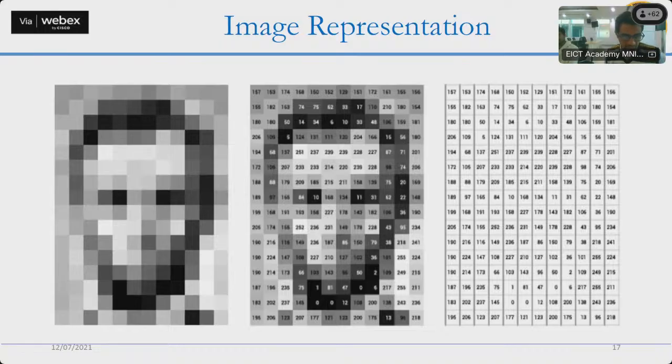So again, see what you are seeing here. This is another diagram. Can you identify which diagram this is? Again, this is a digital image. It is basically the face of a person, right?